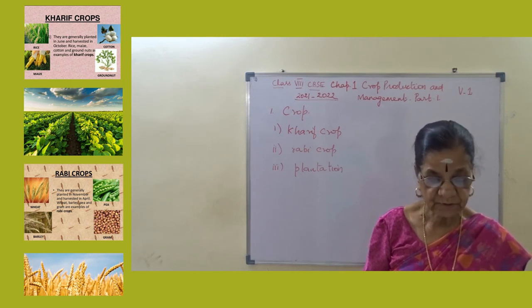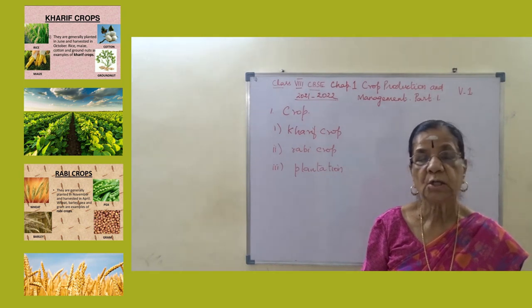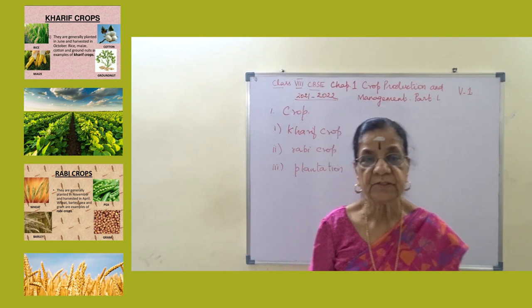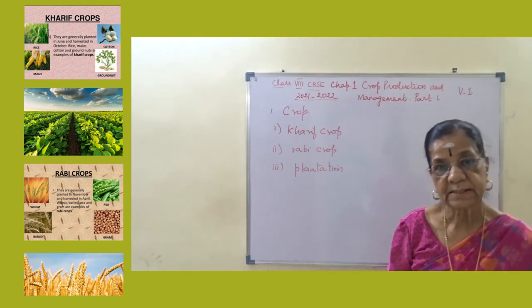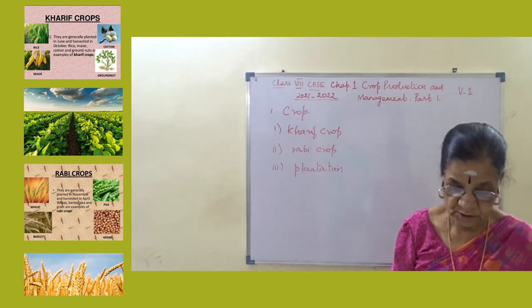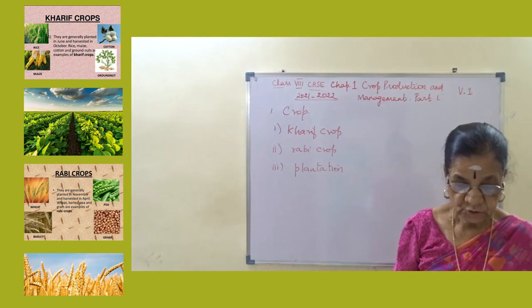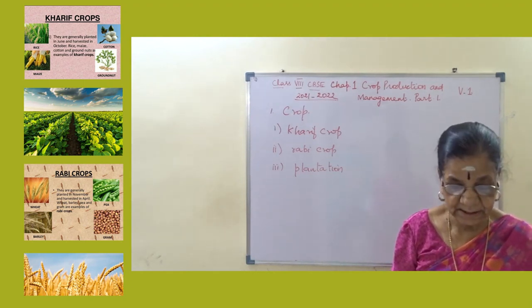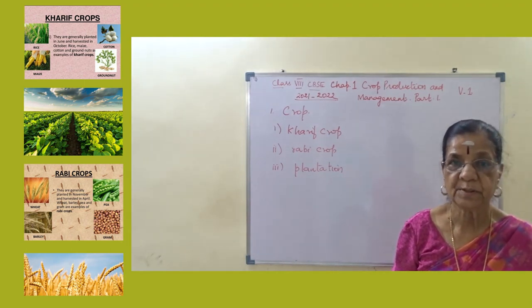The crops which are sown in the rainy season are called kharif crops. Sown, that is, seeds planted. I repeat, the crops which are sown in the rainy season are called kharif crops. The rainy season in India is generally from June to September.